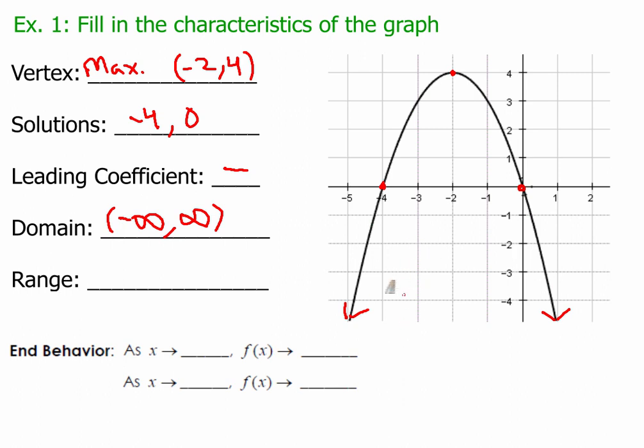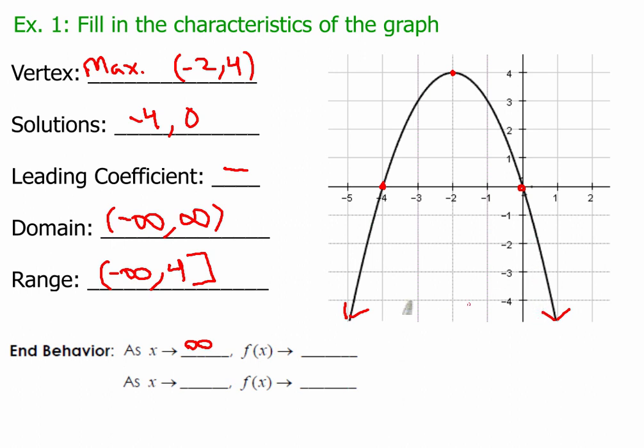For my range, on the low end, the graph goes down forever, so that's negative infinity. But this graph does have a highest point up here at negative 2, 4, so the y value there is 4, so my range is negative infinity to 4. For the end behavior, if I look on the right side, my graph is going forever to the right, so x is going to infinity.